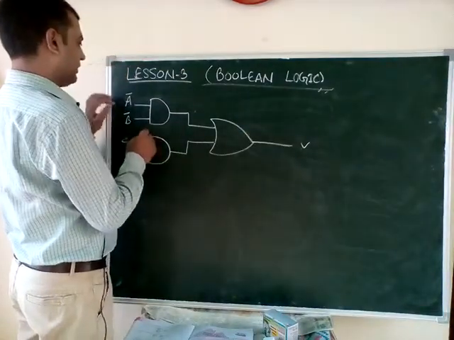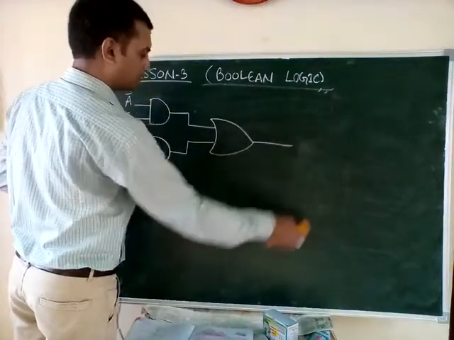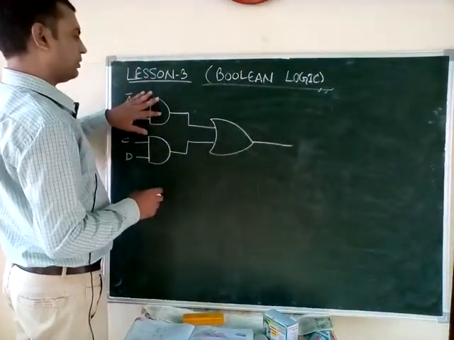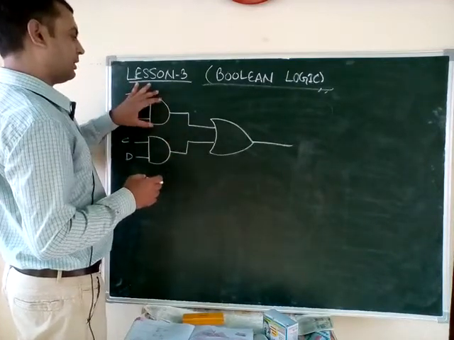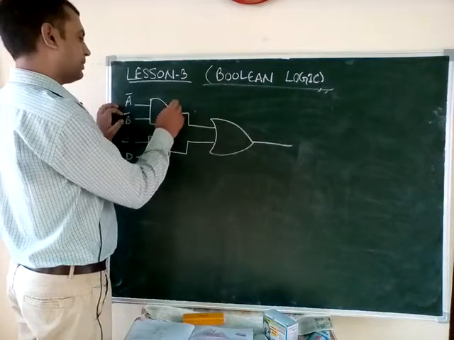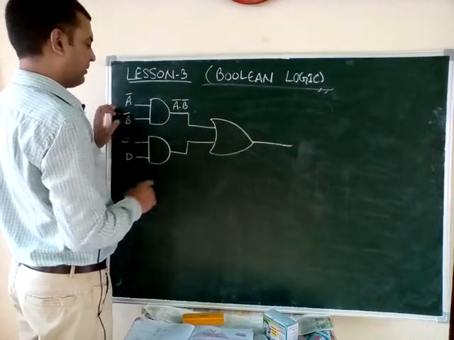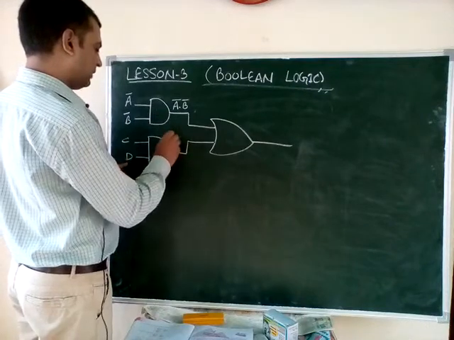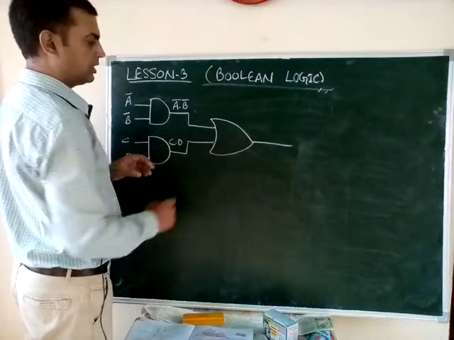So this is how you will start to solve it. What should be your approach? You will start from the very left side of the given diagram. It will multiply, means A bar dot B bar will come here, and C dot D will come here. What is the work of this OR gate?